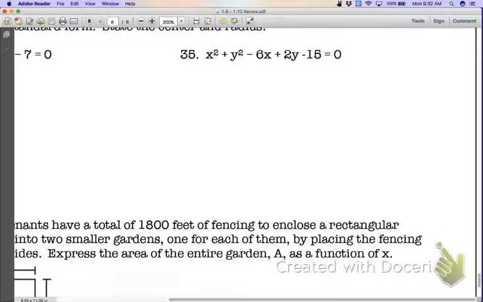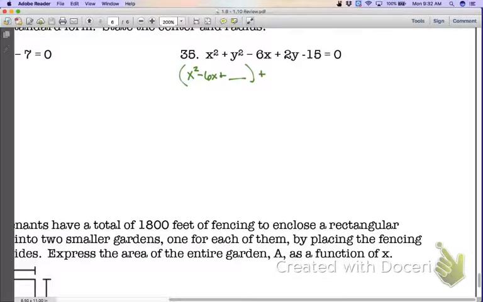Alright, so 35, circle. Do completing the square first of each part. So I want to go x squared minus 6x, and then my blank.